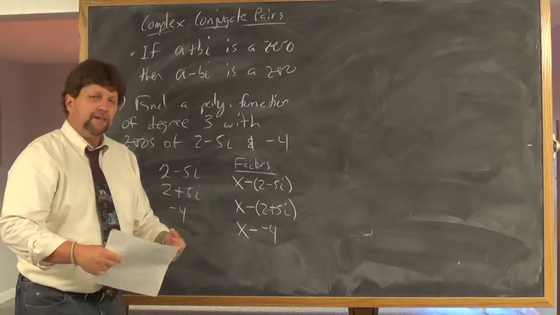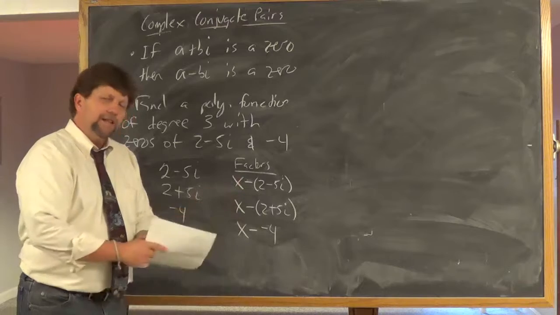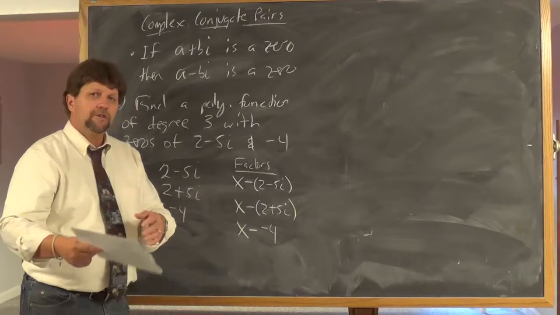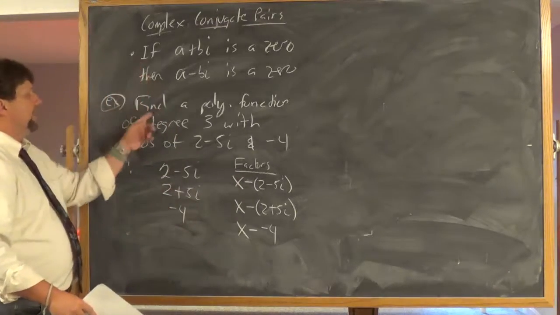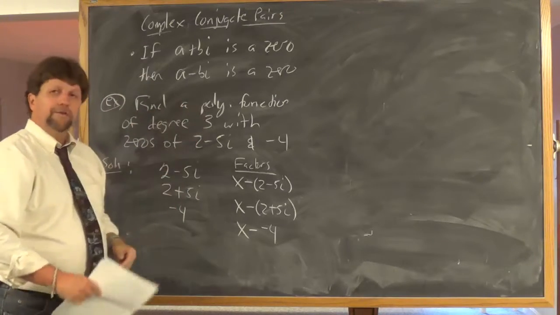Since we have the factors, all we have to do is multiply these factors together to get the original polynomial function, to get the third degree polynomial function.